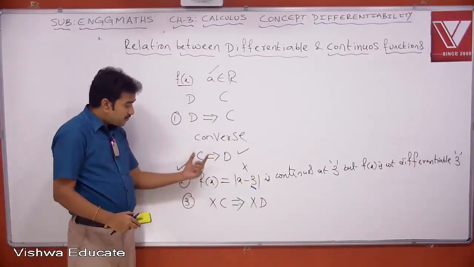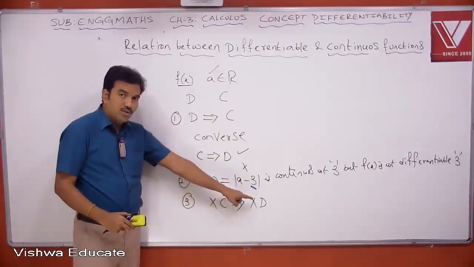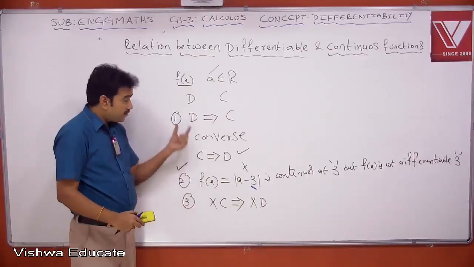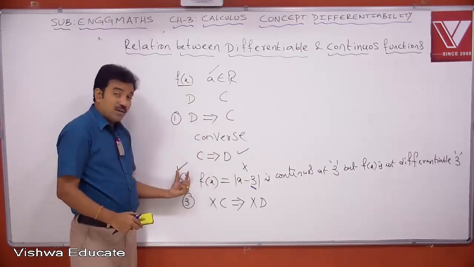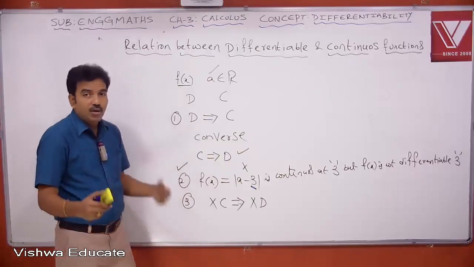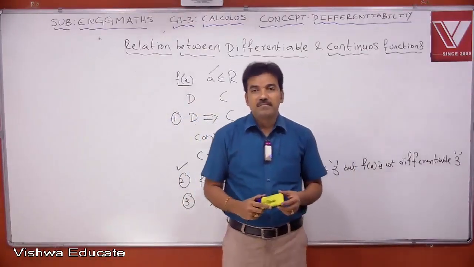Now third point is, if something is not continuous at a point, ultimately it is not differentiable at the same point. So this is always true, 100%. But the second point may or may not be true. That depends on example to example. Okay. Note these points. Point 1.